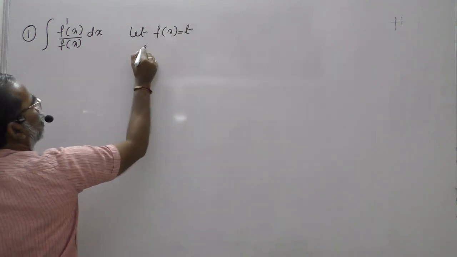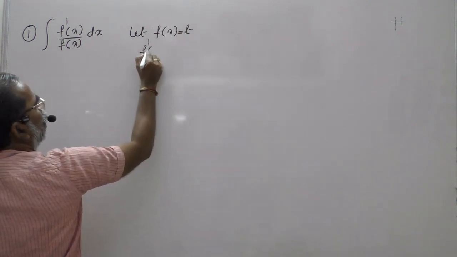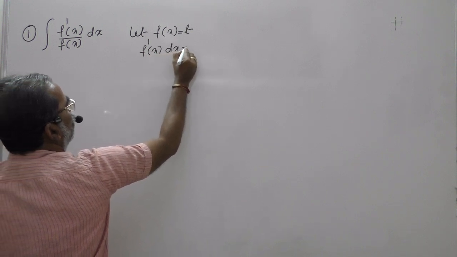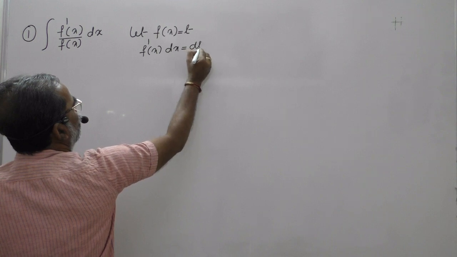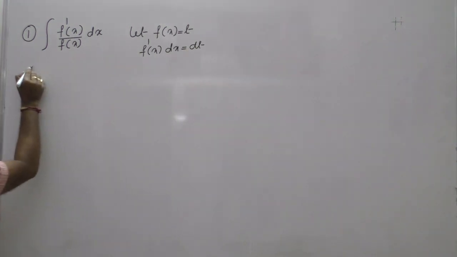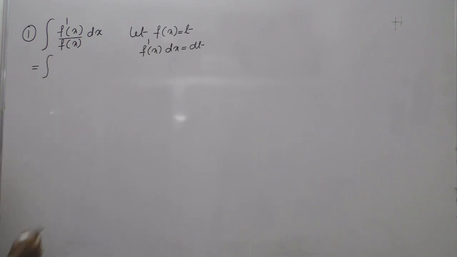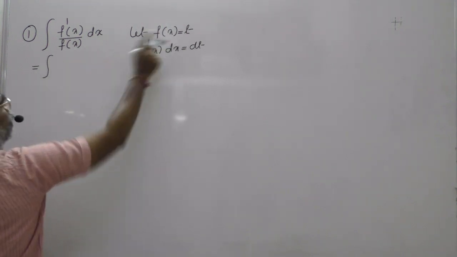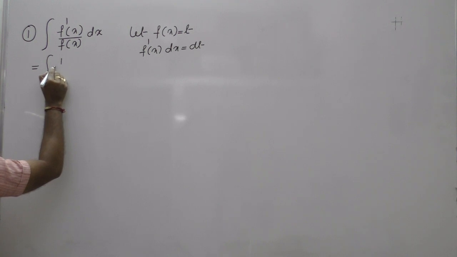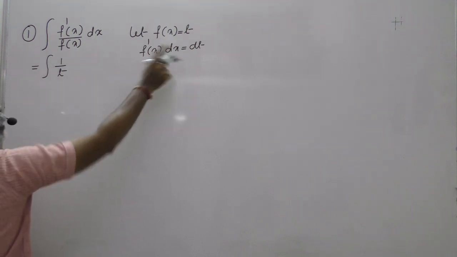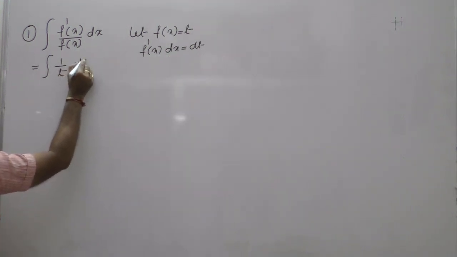If I differentiate this, f dash x dx is equal to dt. By taking this substitution, this becomes integral of, what is f of x? We have taken f of x as t. This f dash x into dx becomes dt.